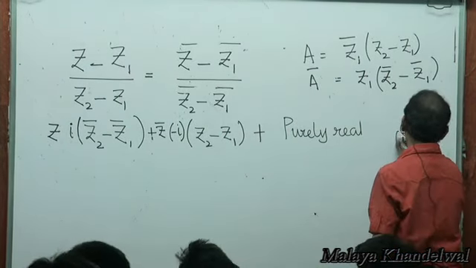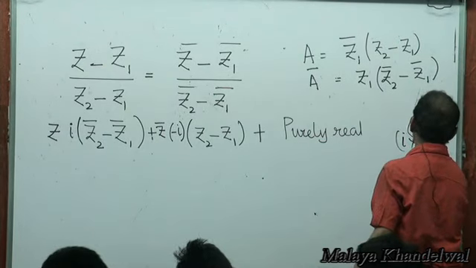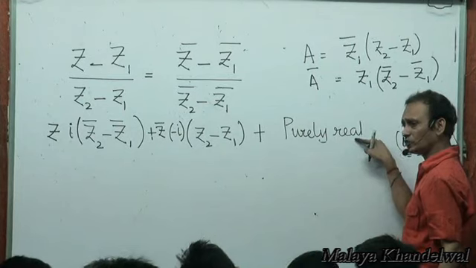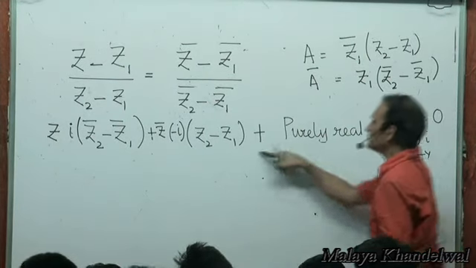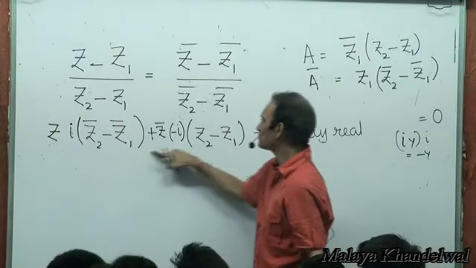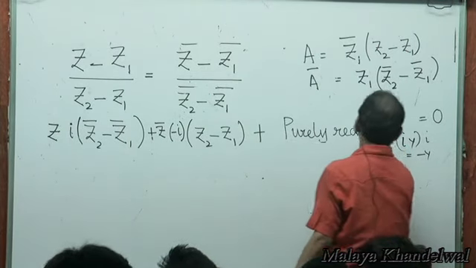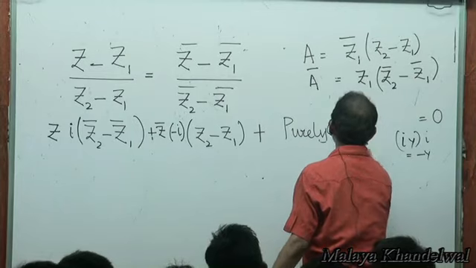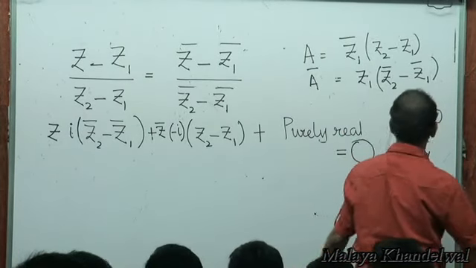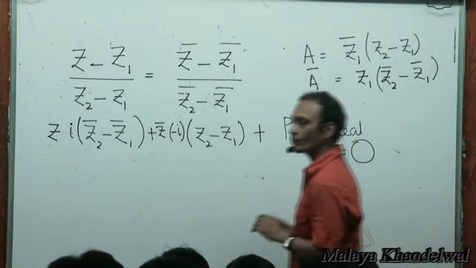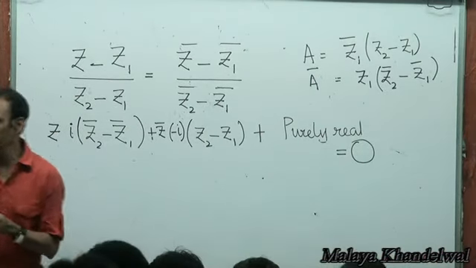If you multiply it with i, then this will become minus y, which will be a purely real number. Right? Are you still lost? And the other two terms are the same. Refer to the previous line. Right? So this must be 0.